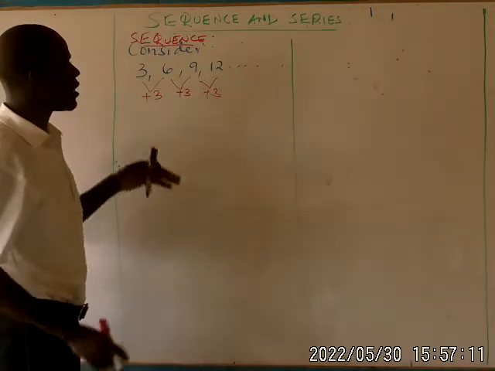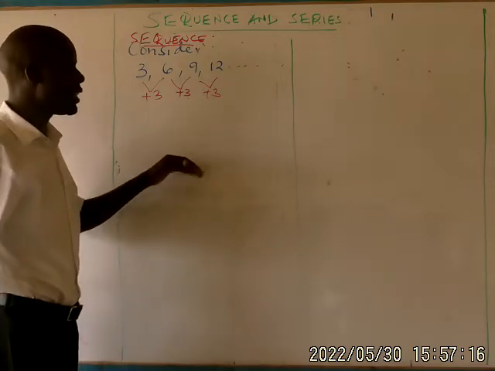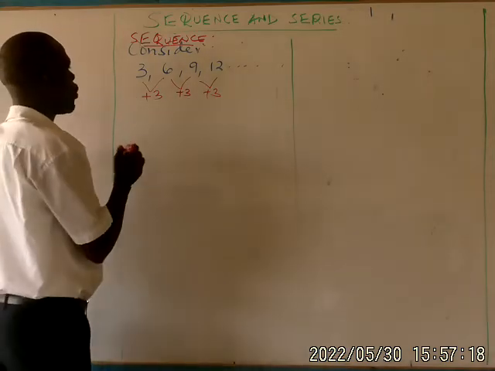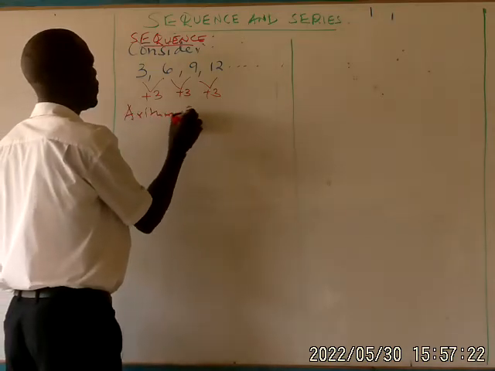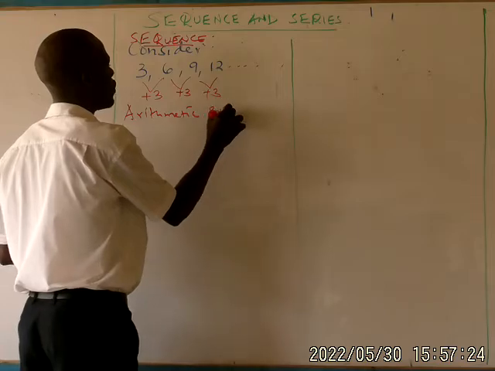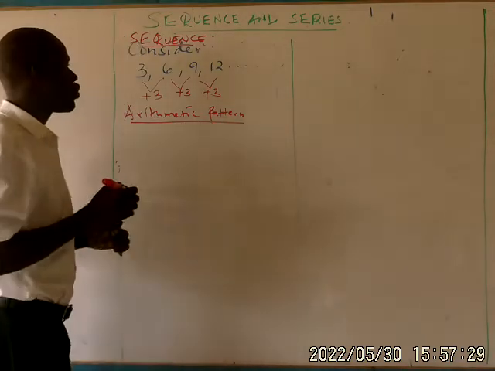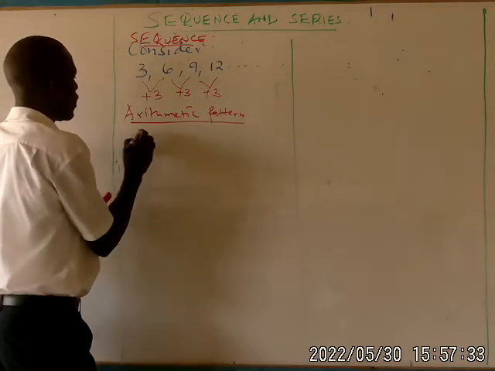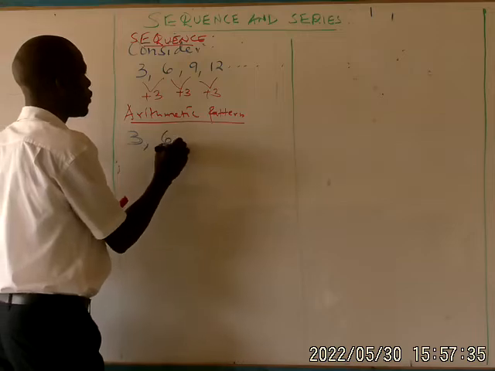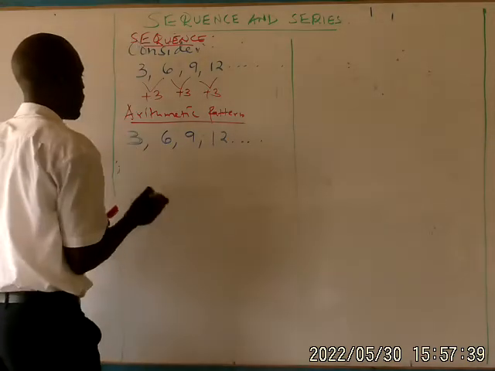If a pattern is following this order of addition of a constant or subtraction of a constant, then we call it an arithmetic pattern, or arithmetic sequence. For our case, we have written 3, 6, 9, 12. It can continue like that.